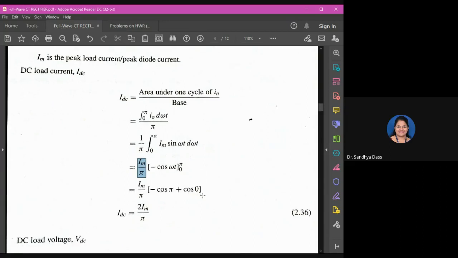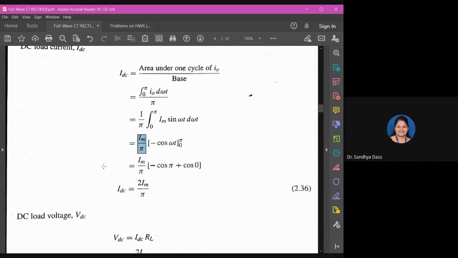Applying the limits, you have minus cos pi plus cos 0, which will come to 1 plus 1, right? So IDC, the DC load current for the full wave rectifier, will be 2 into Im by pi.